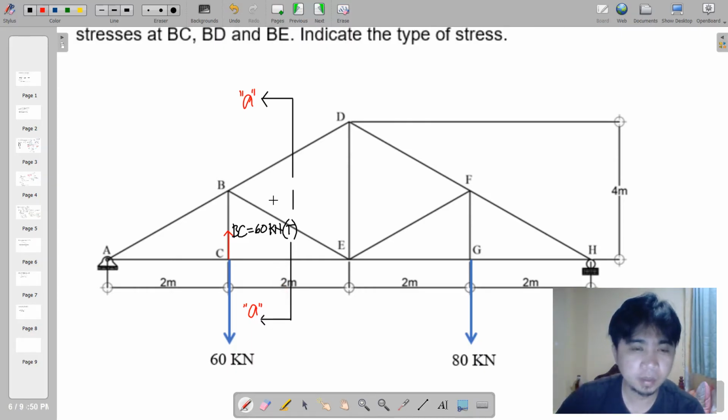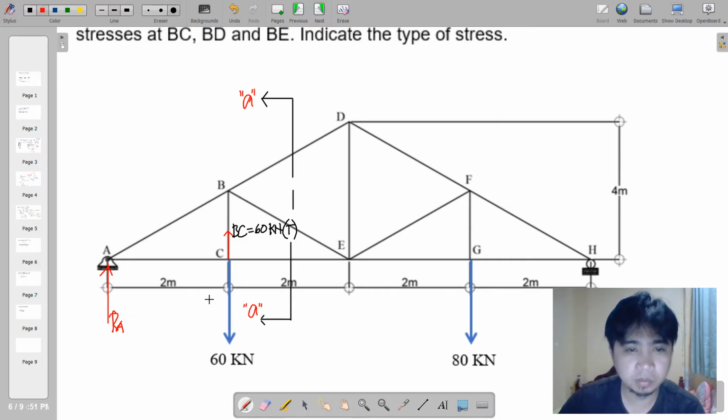At AA, we will neglect the right portion and focus on the left portion of this truss. This will now involve the reaction at A, so we're going to place the reaction at A.